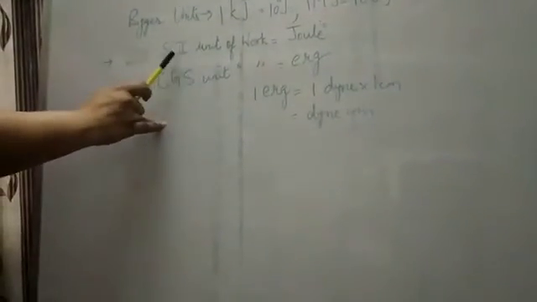Now as the SI unit of work is joule, there must be some CGS unit also. So the CGS unit of work is equal to erg. Understood? You have to learn this. You have studied about this unit in your class 9th also.